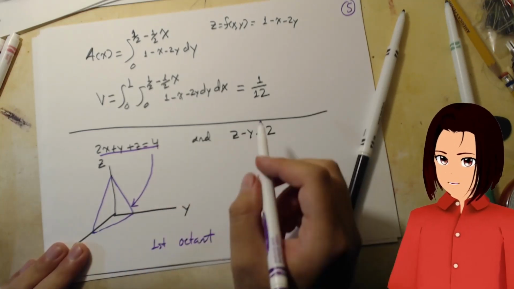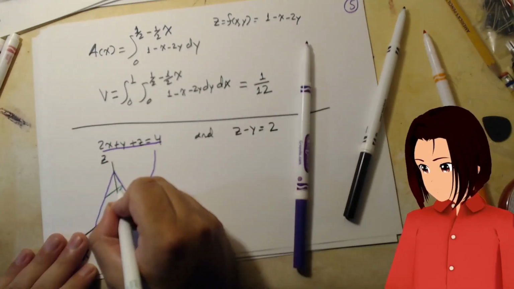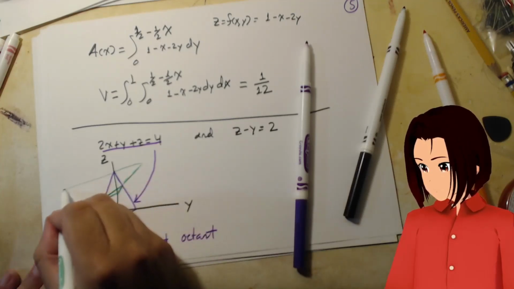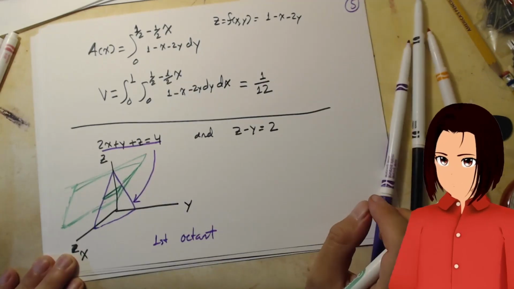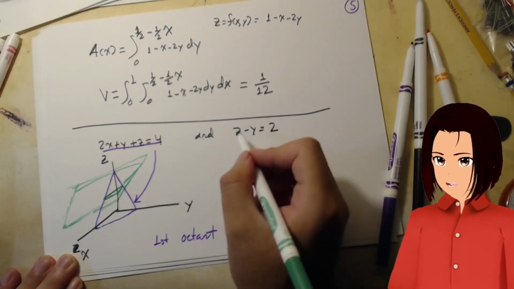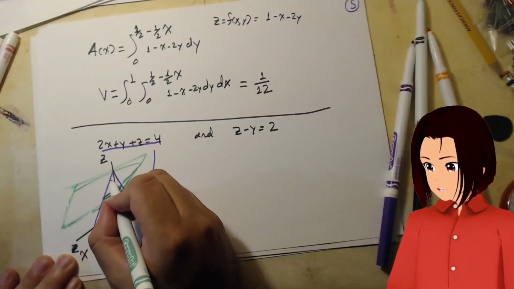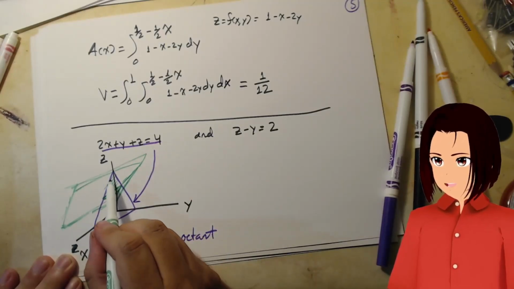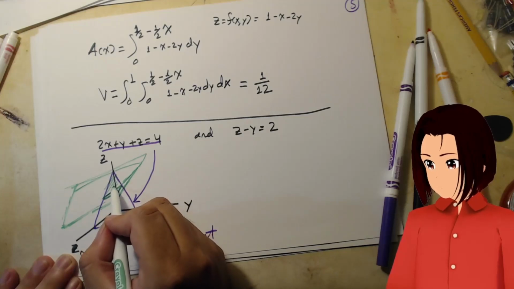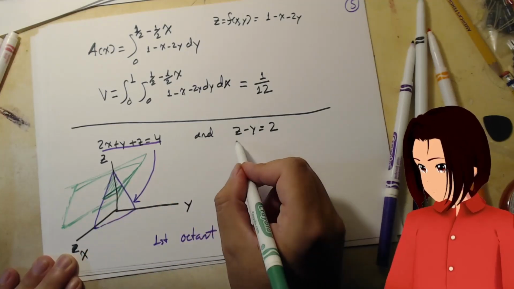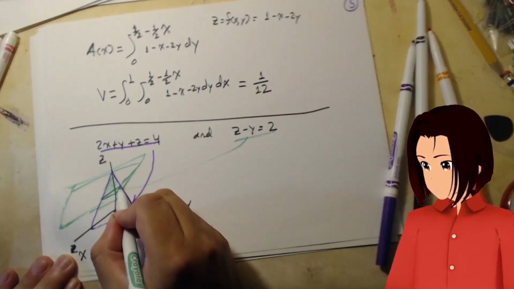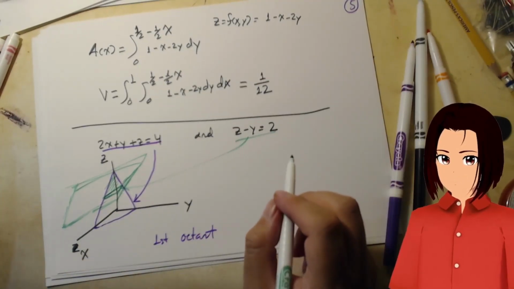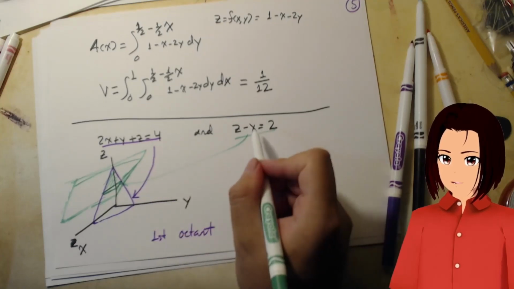So now this guy right here, this area of the tetrahedron, this area here, this guy marks that. So here's the deal. This plane comes from this guy right here.